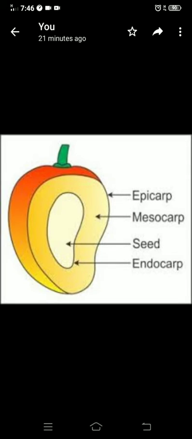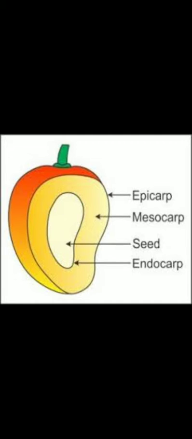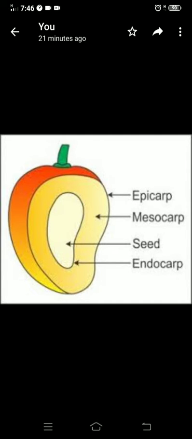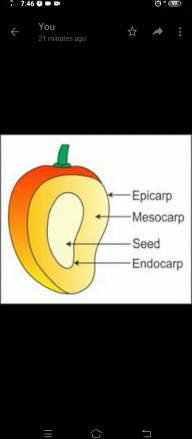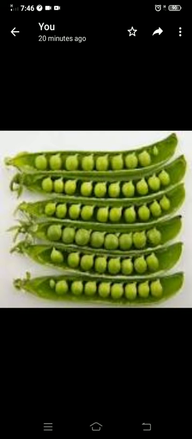The ovary has enlargement. This is the ovary. This is a seed. The ovule only converts into seed.